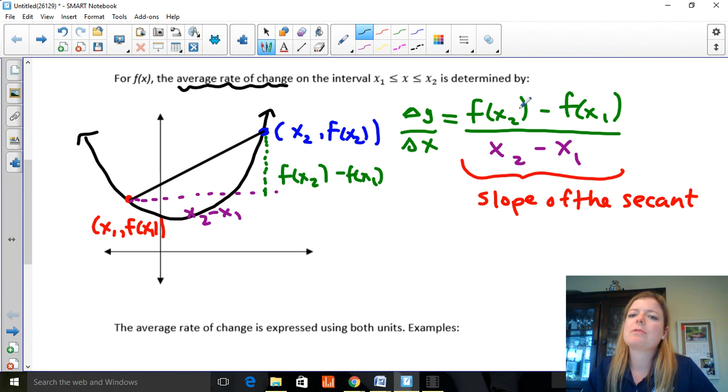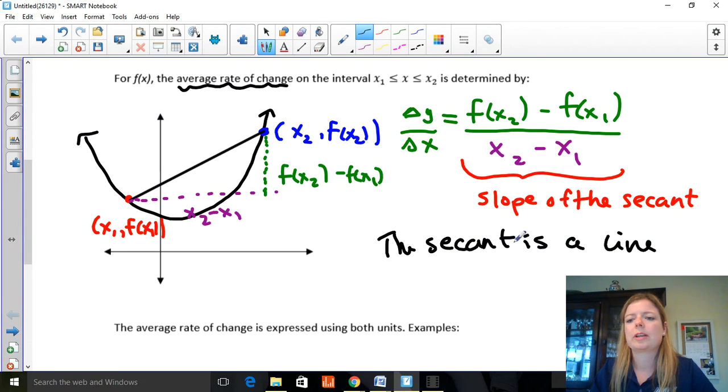So in grade 9, we use y2 minus y1 over x2 minus x1. This is the same thing. It's just that we're using function notation, so f at x2 instead of y2. And we can say that the secant is a line connecting the 2 points.